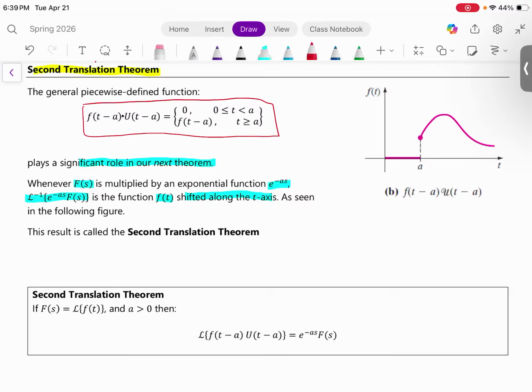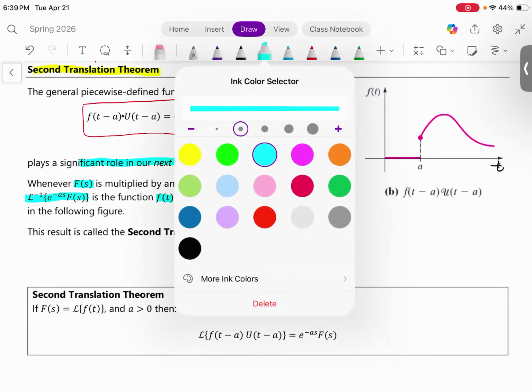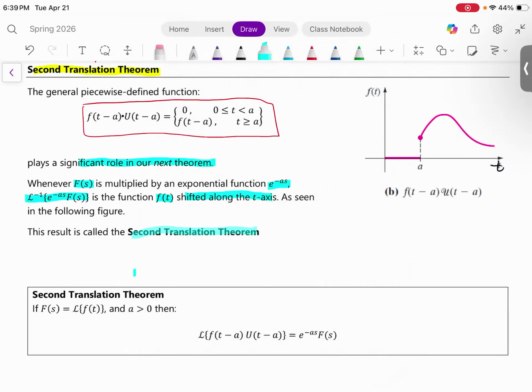We are shifted along this t-axis. And so this is the second translation theorem. We're shifting a specific value of a.